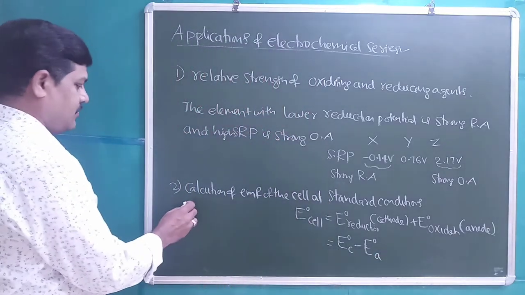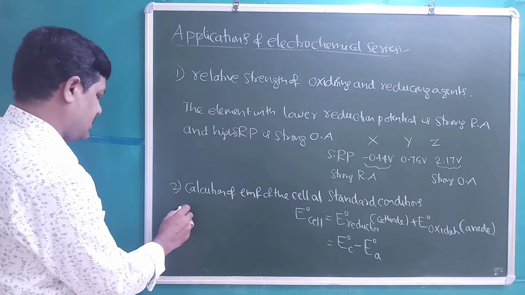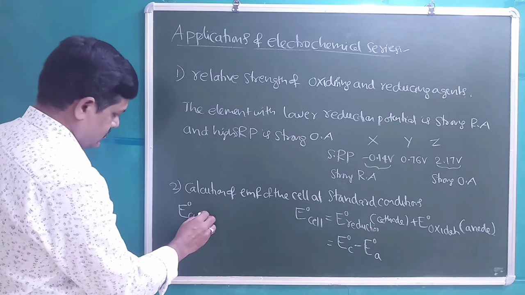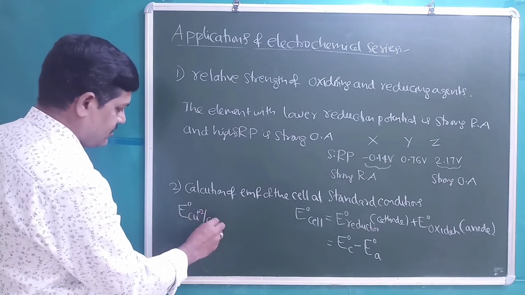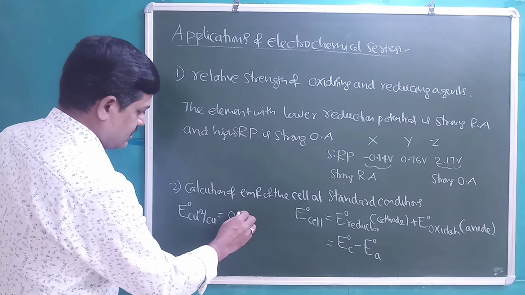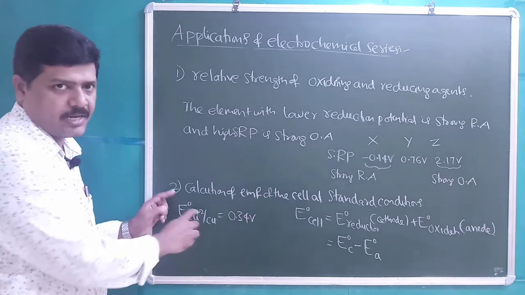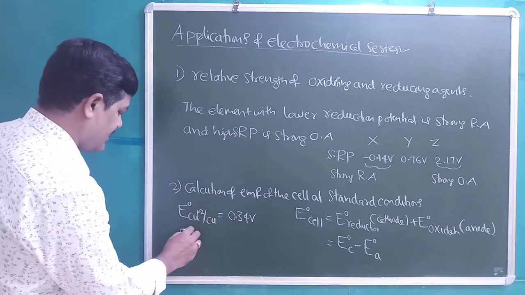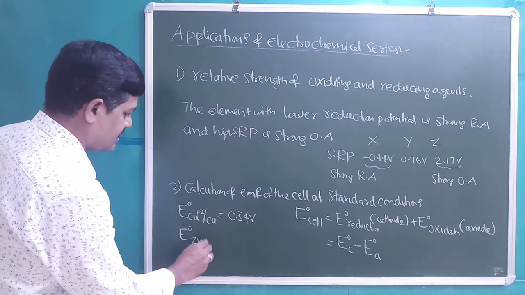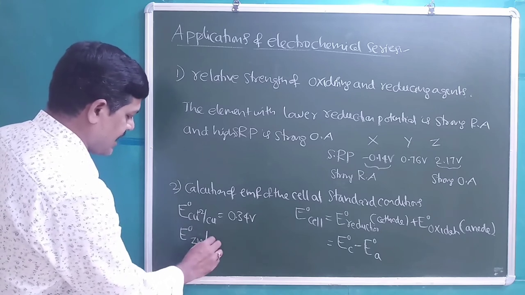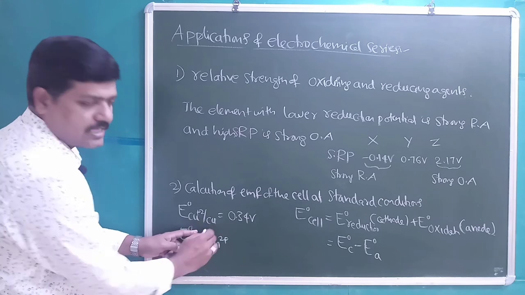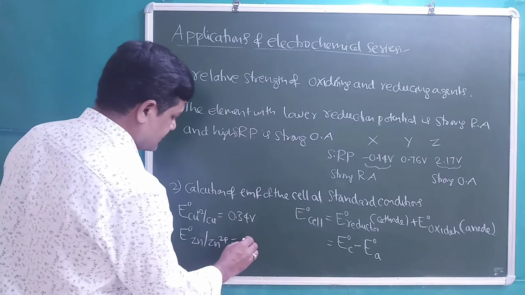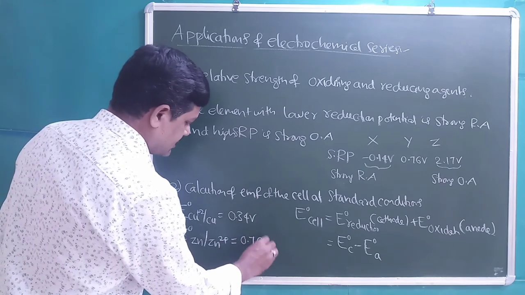Students, for example, if the cathode is given as Cu2 plus or copper cathode, E naught Cu2 plus slash Cu is equal to 0.34 volts, a positive reduction potential, plus 2 to 0, reduction occurring. It is coupled with the zinc electrode. For that, the oxidation potential of Zn slash Zn2 plus, oxidation from 0 to plus 2, is given as 0.76 volts.